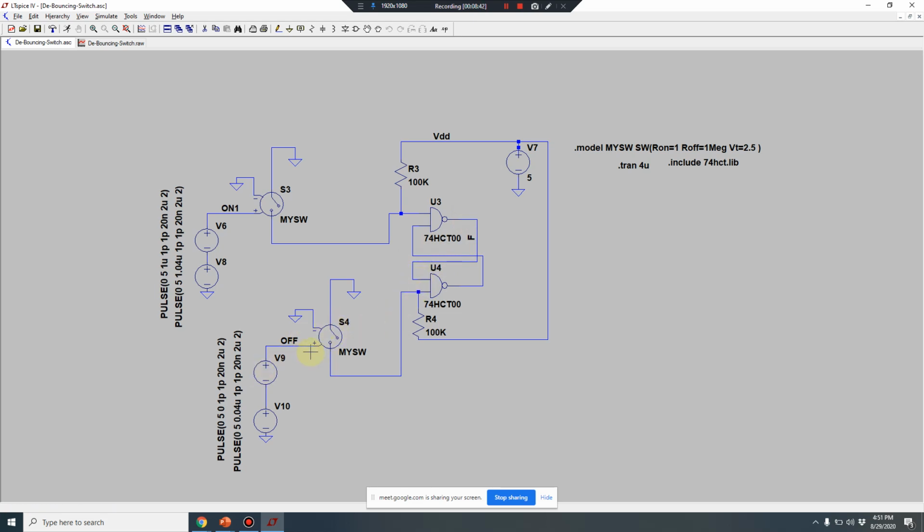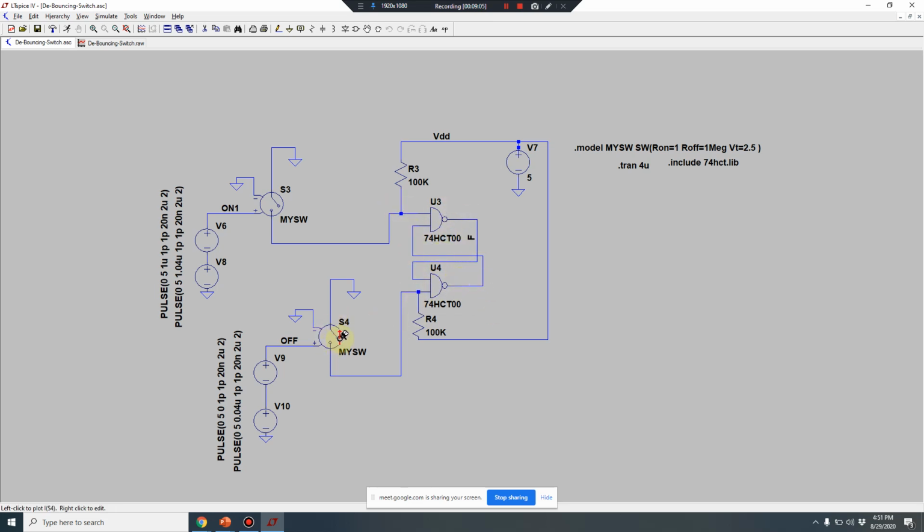The moment you have pressed it off and left it, you will have that 0 coming here. This 0 will create a 1 here. This 1 will be fed here. On this node there is already a 1, so this 1 will create a 0 out here. That 0 is given as feedback here, so this will continue to remain 0. So this is a bistable latch. It is stable at 0 now.